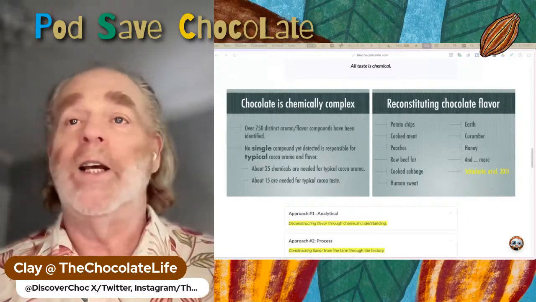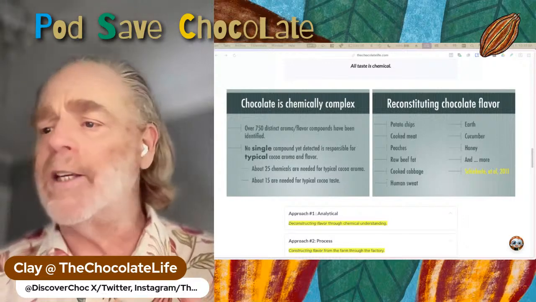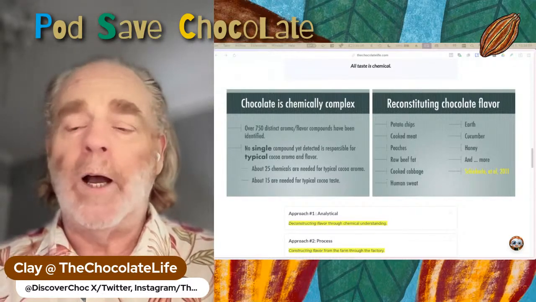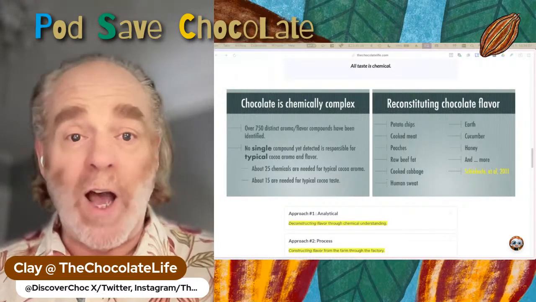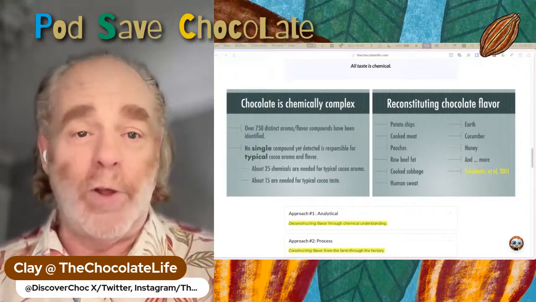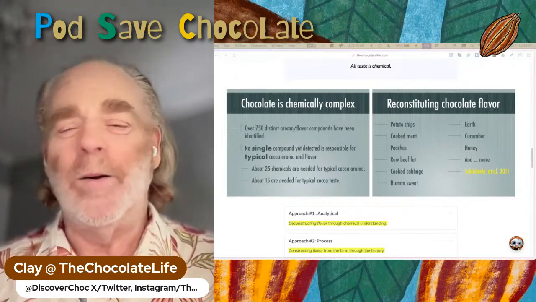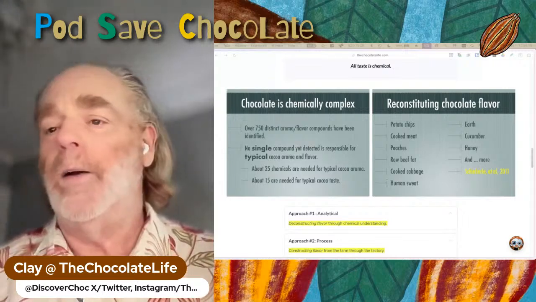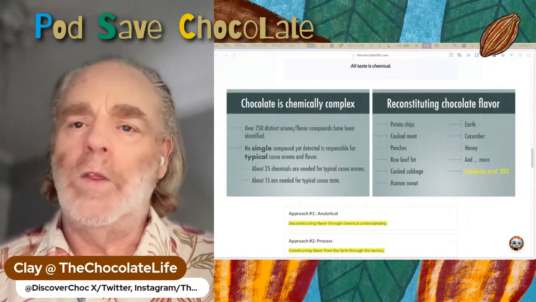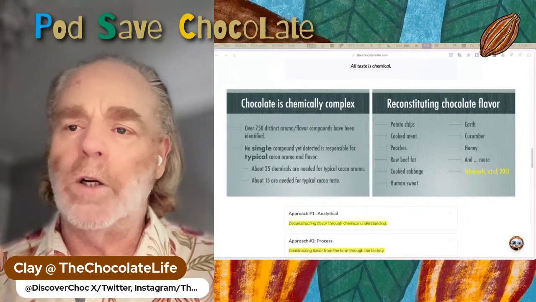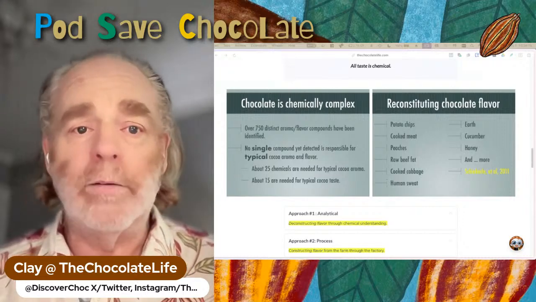And we haven't even begun to touch how roasting has an influence, how I refine and how I conch, what particle size is, and how the recipe affects the finished flavor perception we have in a chocolate.